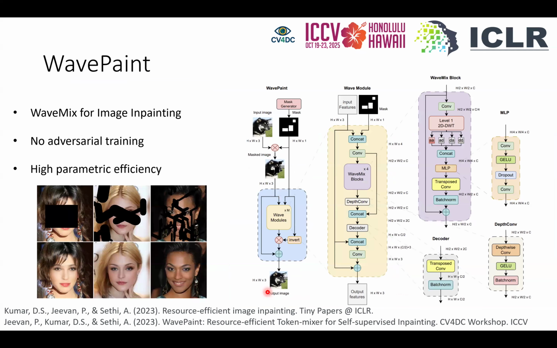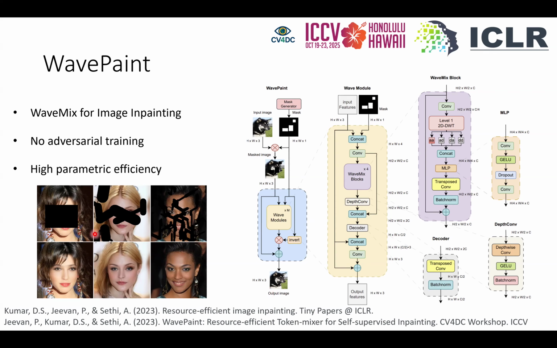The next task that we used the WaveMix architecture for was a generative task, which is image inpainting. Here we tested it on mask-aware inpainting, where along with the masked image, we also send the model the mask so that it knows where the missing information needs to be filled.